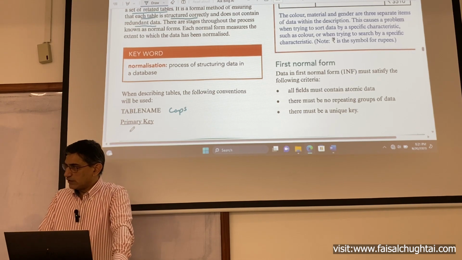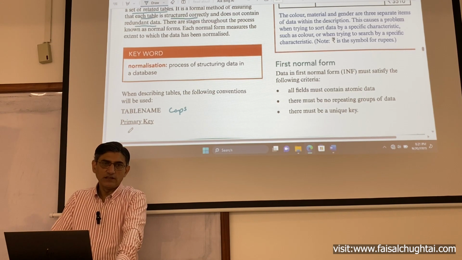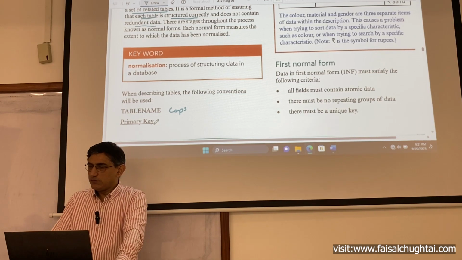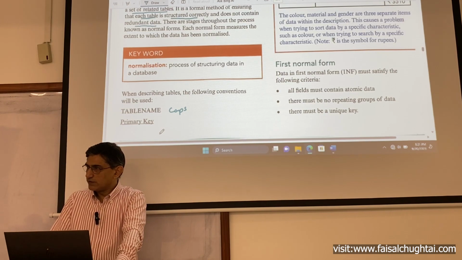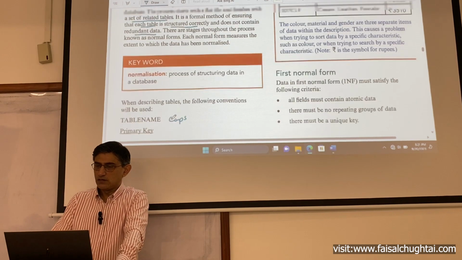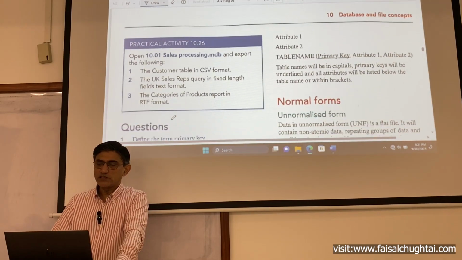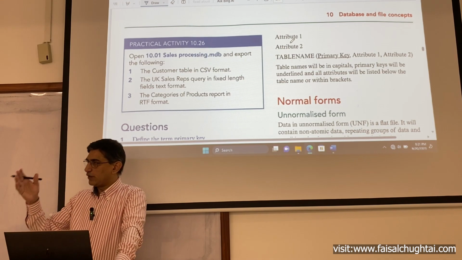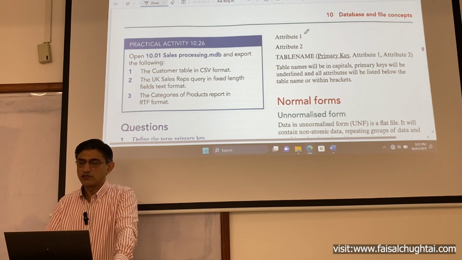Next comes the primary key in that particular table, because we do know that every database table must have a primary key. When you specify your primary key, you must underline it to separate it from the rest of the fields. Next come your attributes. So the table name in block letters, the primary key, and then of course the attributes or the fields. You know that attributes may also be called fields.